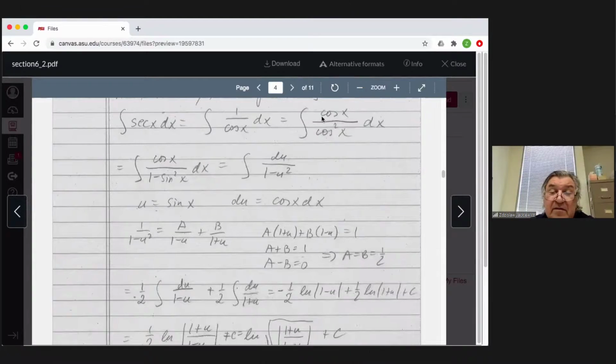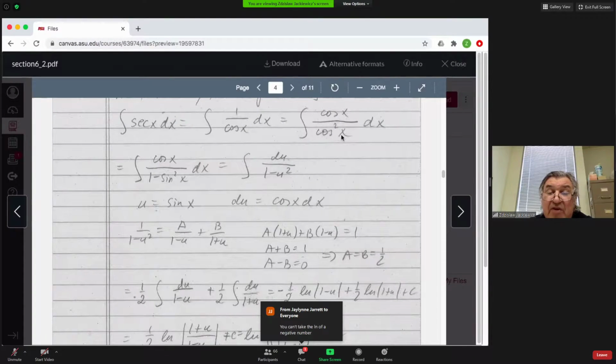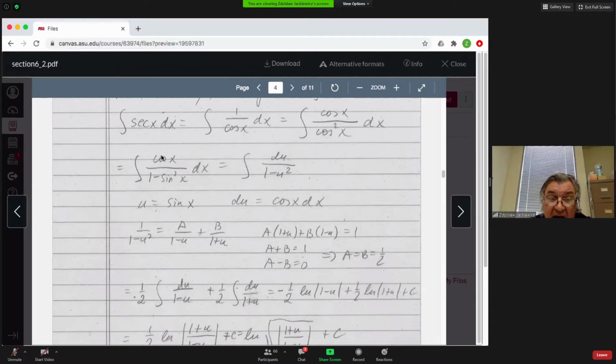And then let's multiply things by cosine. So you get the integral of cosine x divided by cosine squared x. Why? Well, because now cosine squared is 1 minus sine squared. And then if you make the substitution u equals sine x, du is cosine x dx, and this integral becomes the integral of du over 1 minus u squared.